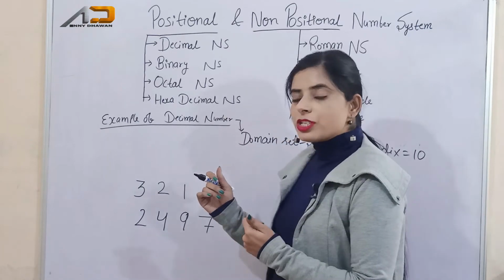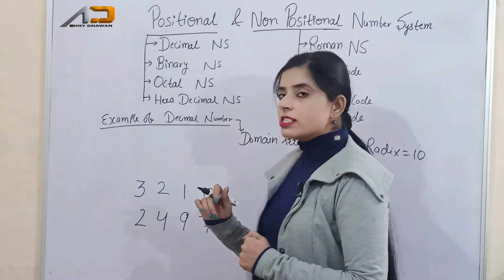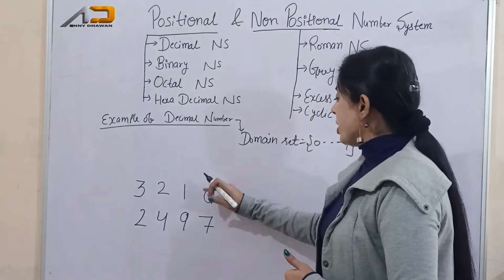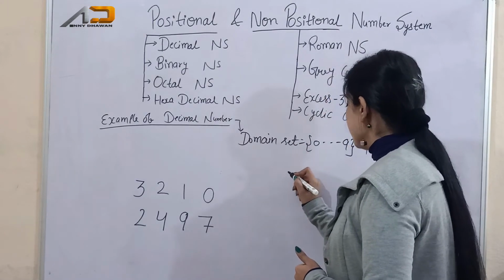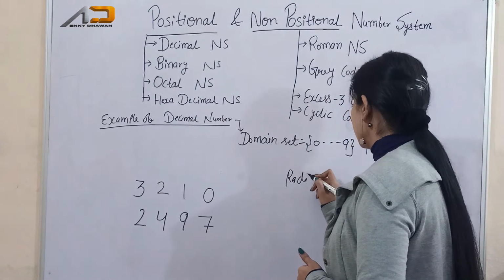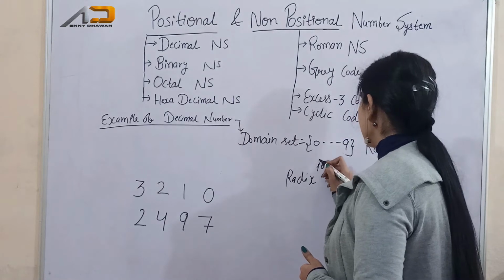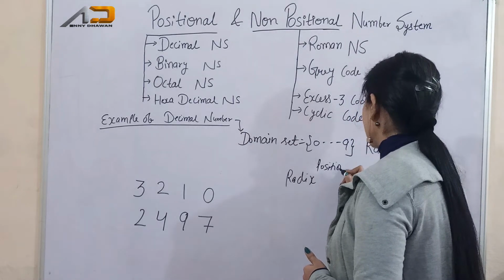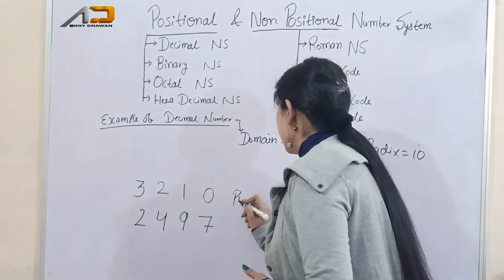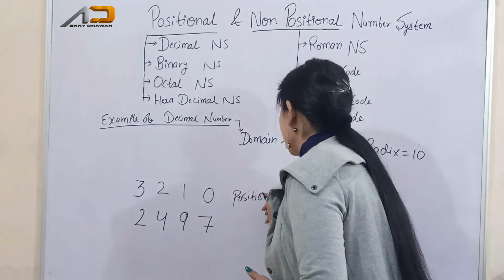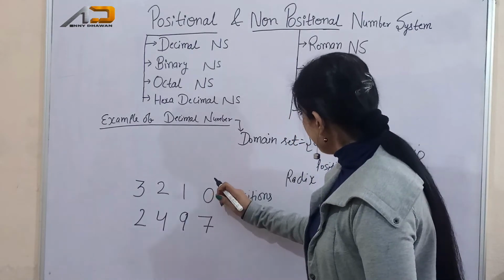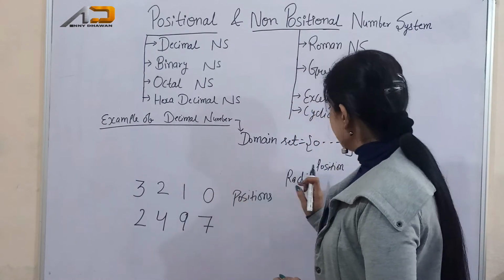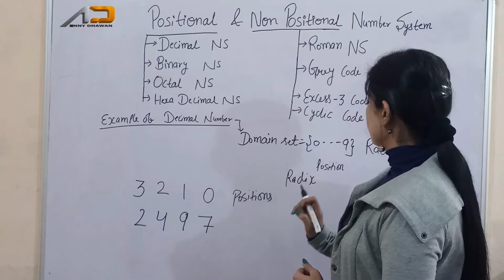And now the question is, how can we find the weight value? The formula for finding the weight value is radix raised to the power position. What are the positions here? These are the positions. And how can you find the corresponding weight value? It is radix raised to the power position.